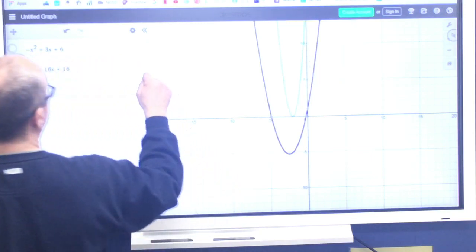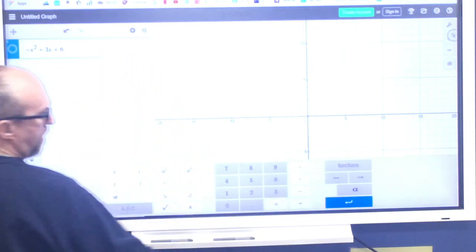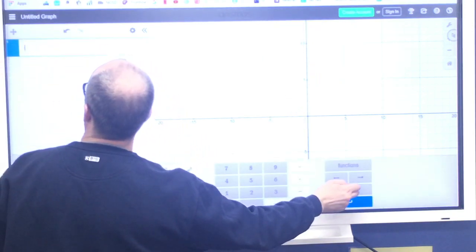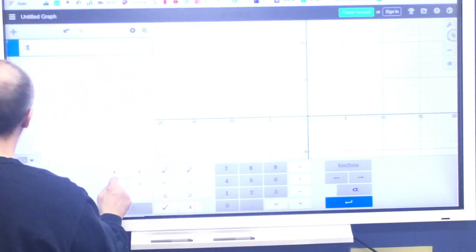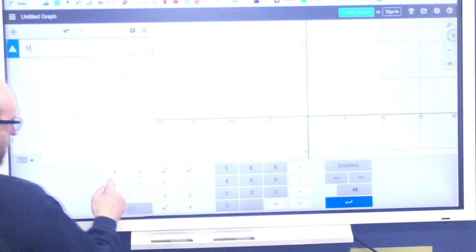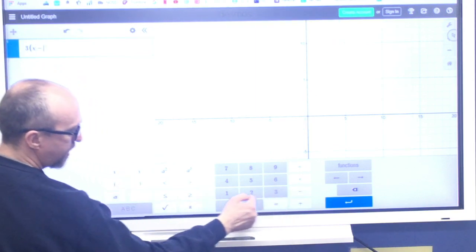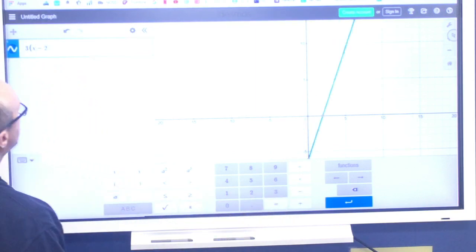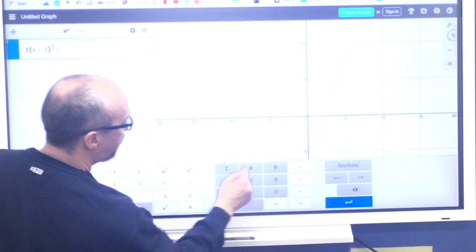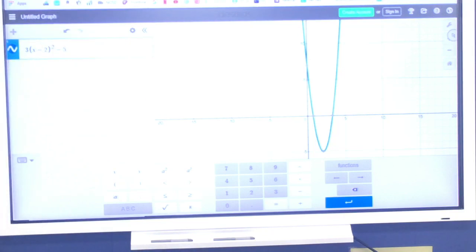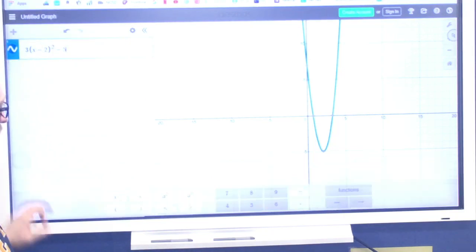So I can simply get rid of these, bring up the old keypad, and I'm typing in 3 parentheses x minus 2 squared, gotta close the parenthesis, then do the squared, minus 5. Whoosh, there it is. Got to love the technology.